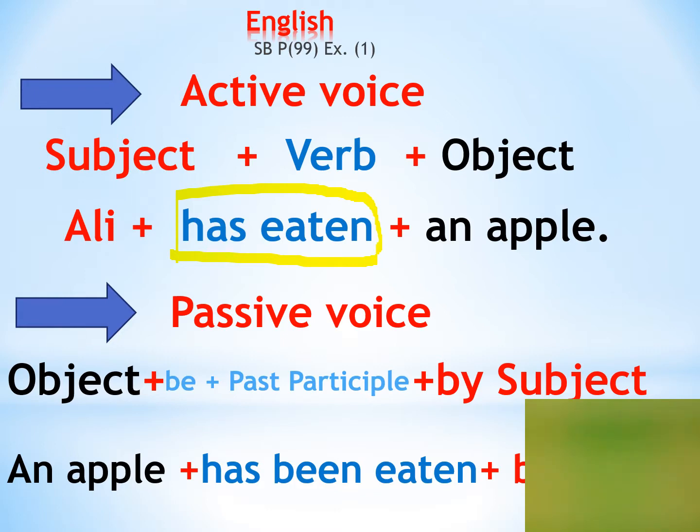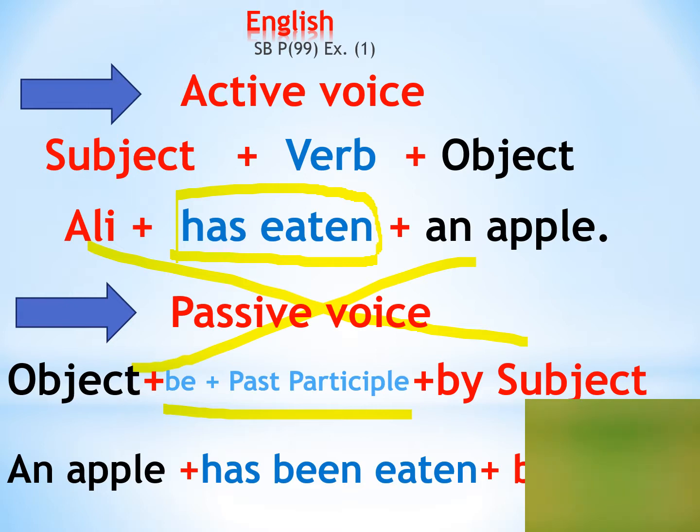If we turn the sentence into the passive voice, we need to make the X like that. The object comes first, and after that the subject comes at the end, or we can remove it. Okay, there is no problem. And the rule of the passive voice is be plus past participle. An apple has been eaten by Ali.